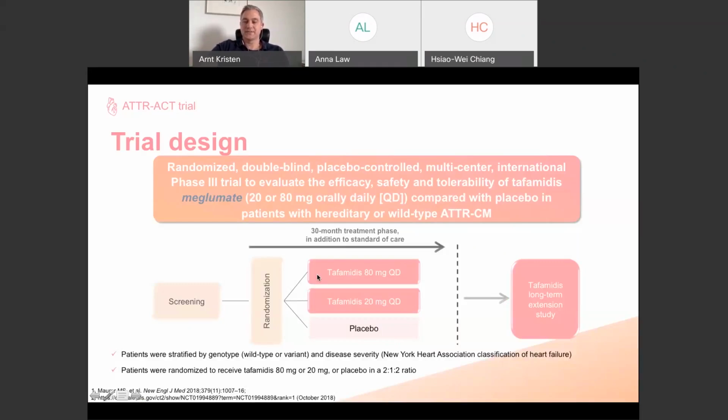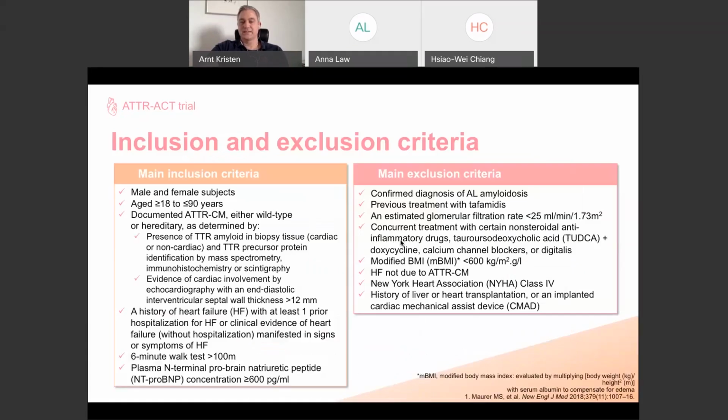Inclusion criteria are shown on the next slide. So patients were the age of 18 to 90 years. They do have documented ATTR-CM, either wild type or hereditary type, as already mentioned, and they should have a history of heart failure, with at least 1 hospitalization for heart failure.